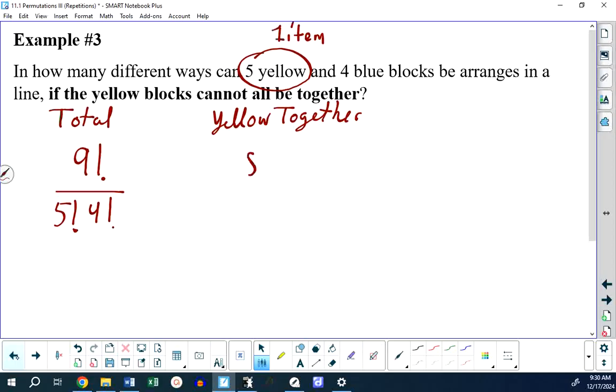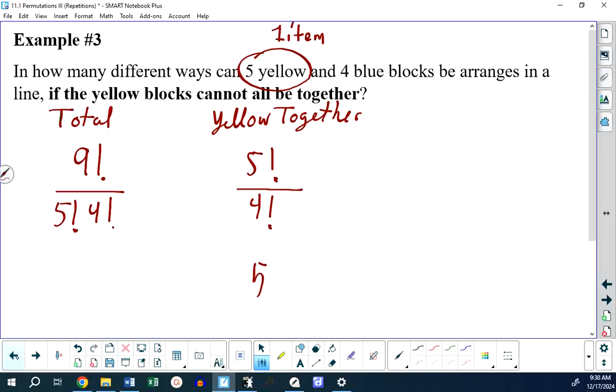So that would be 5 factorial, except that you have to divide by 4 factorial, and that's going to be 5, right? Doesn't it make sense that it's 5, that if you have 4 blue and you have 1 group of yellow, you can put the group of yellow here, here, here, here, or here? I mean, you didn't need advanced math to find out that that's 5. So this is 5.